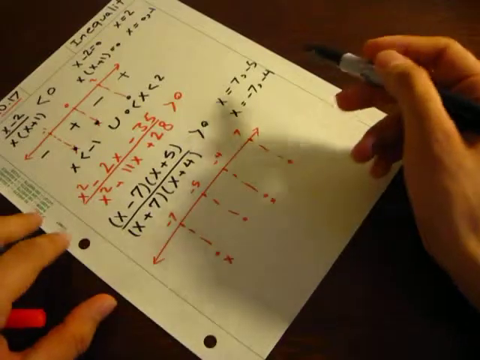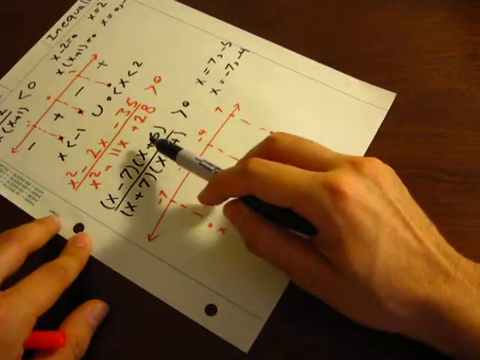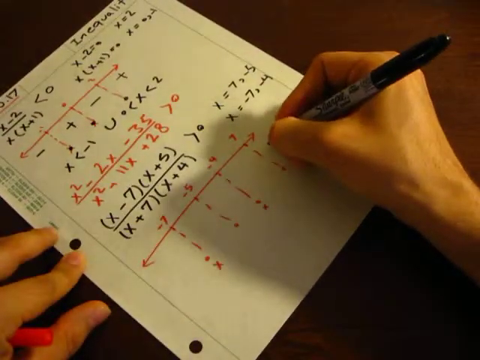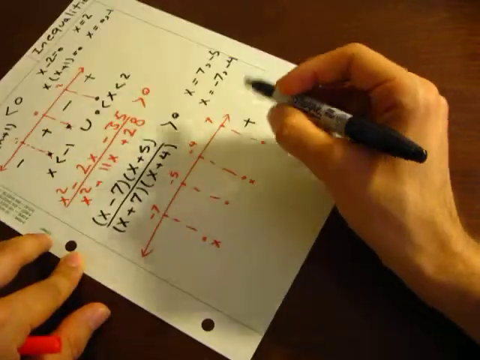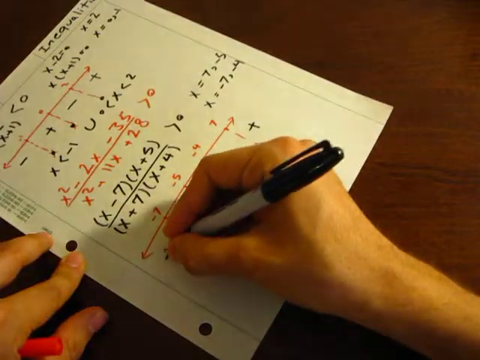So let's pick a big number such as a million. A million makes each of these factors positive. So I'm going to have a positive sign, and since all of these are single roots, it's going to be positive, negative, and positive.